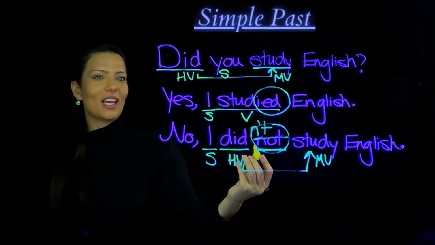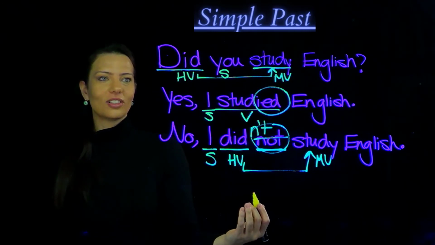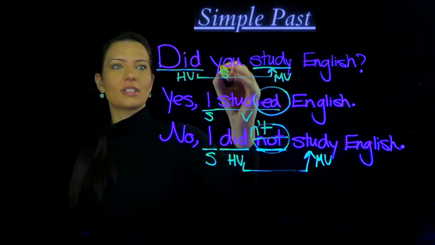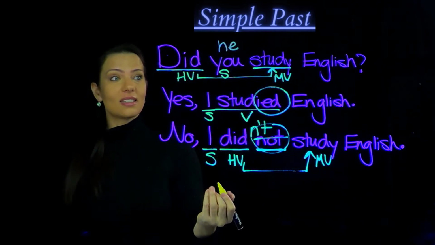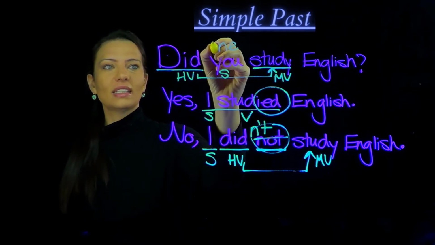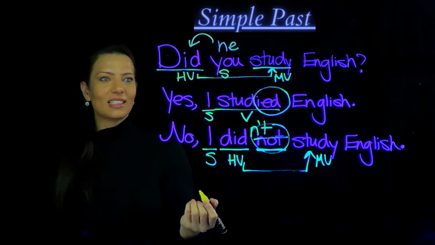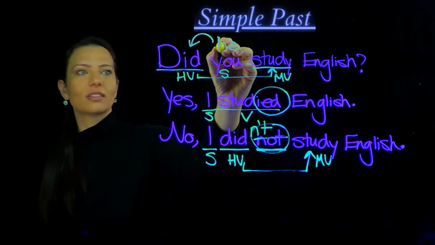So, did you study English? Yes, I studied English. No, I did not study English. Now, in this case here, if I change the subject, for example, to he, did he study English? In this case here, I would still use the helping verb did, because did still matches this subject.